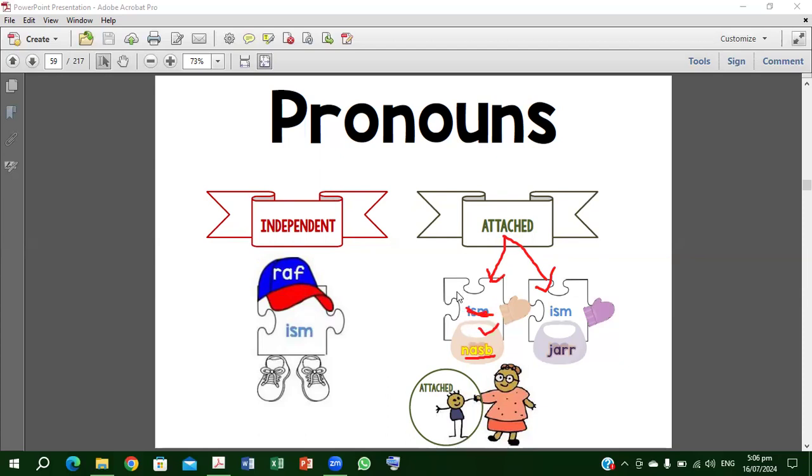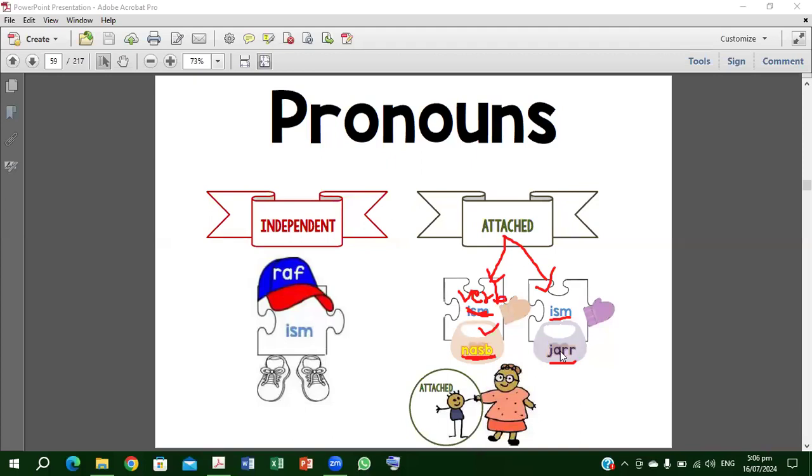If they are attached with a verb, I'm sorry for this mistake, if they are attached with a verb, they are considered the status of nasab, and if they are attached with an ism, they are considered the status of jar.